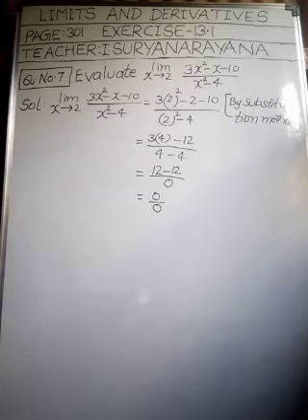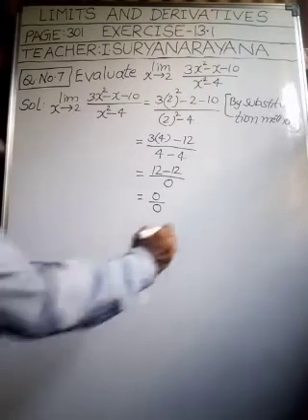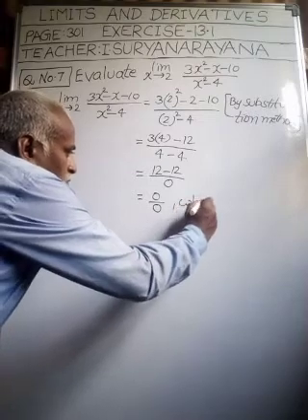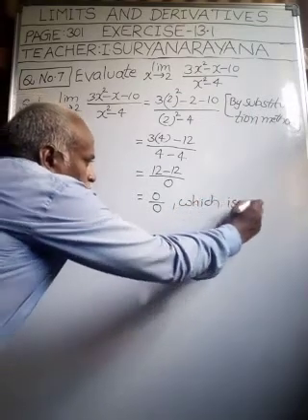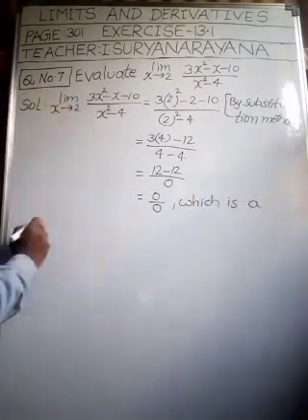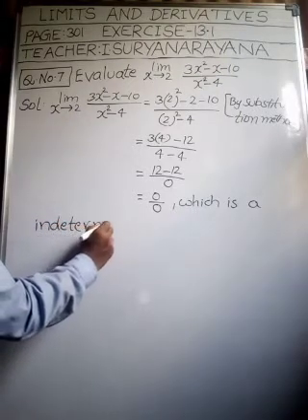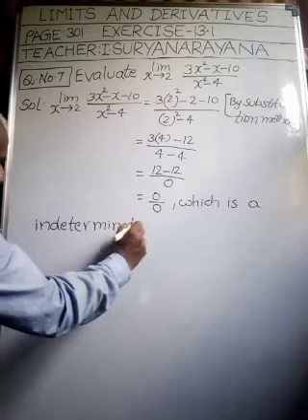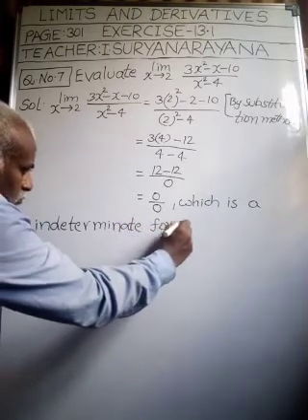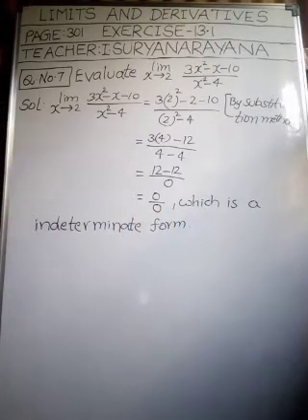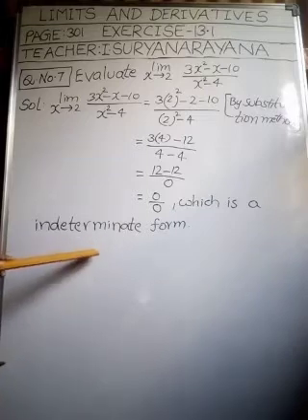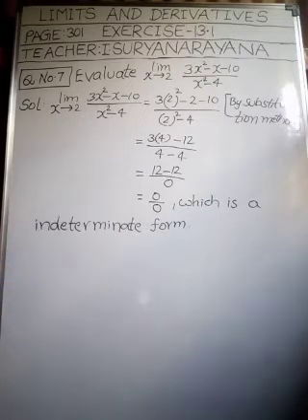Okay, my children, keep this point in your mind: we have discussed what the indeterminate forms are. Total 7 indeterminate forms are there.